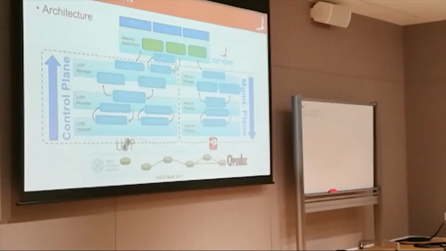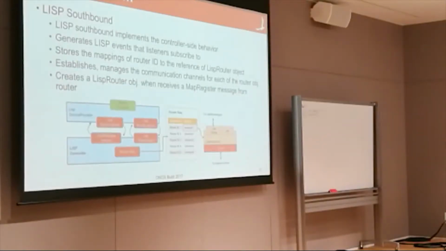This is the architecture, and we try to follow the ONOS architecture: we have the protocol layer, the provider layer, and so on. The role of this LISP southbound is to generate LISP events that listeners subscribe to, and also store the mapping of router ID and references of LISP router objects.